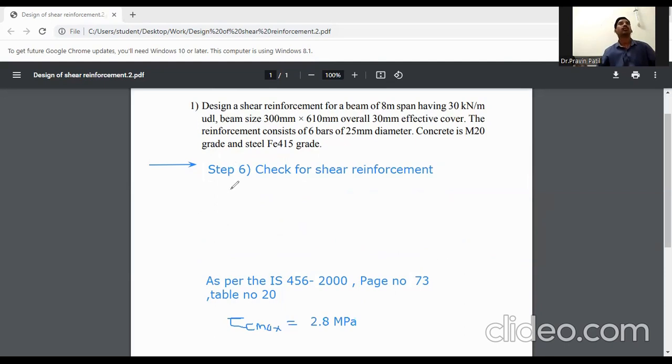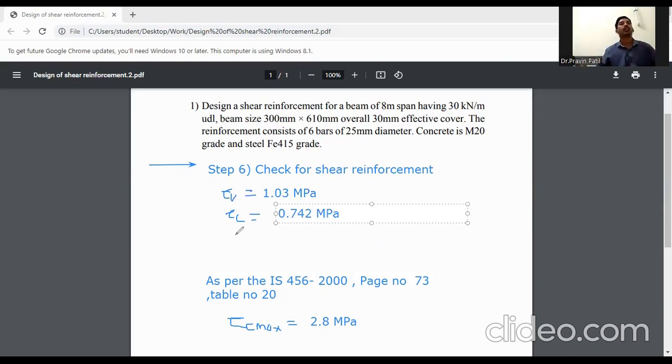First of all, tau V value is 1.03 MPa, and tau c value is 0.742 MPa. We need to compare tau V, tau c and tau c max.